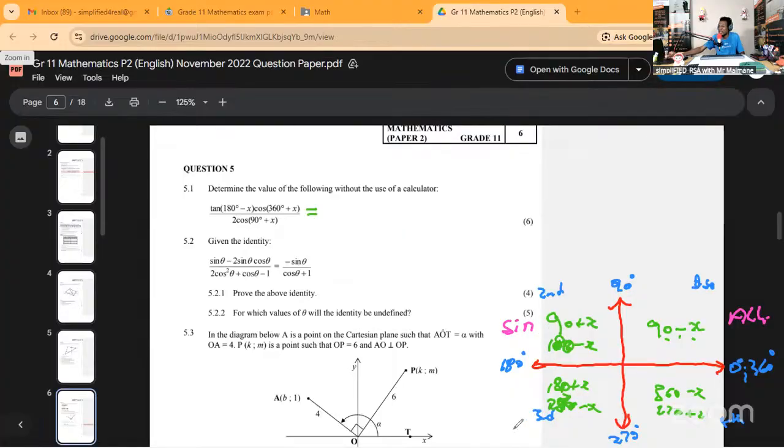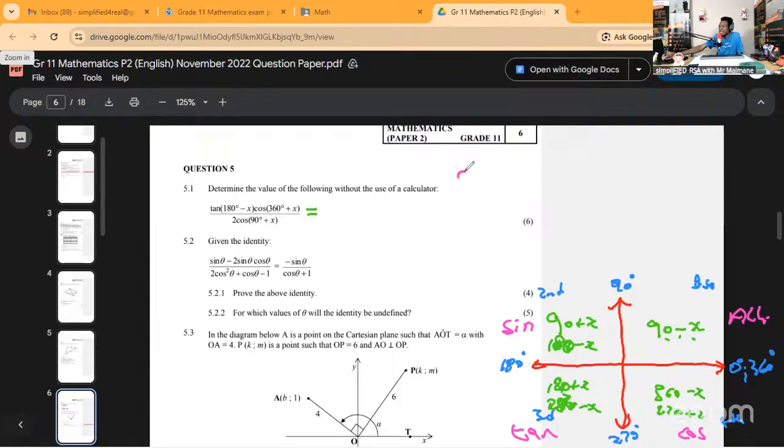On the third quadrant is tan, and on the fourth quadrant, we have cos. At the end of the day, that 180 doesn't play a role as such. It only works to direct you which quadrant you are looking at, and then you write the identity as it is. For 180 and 360, they remain as they are.